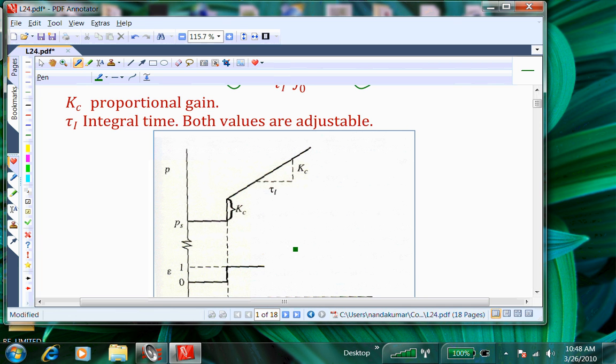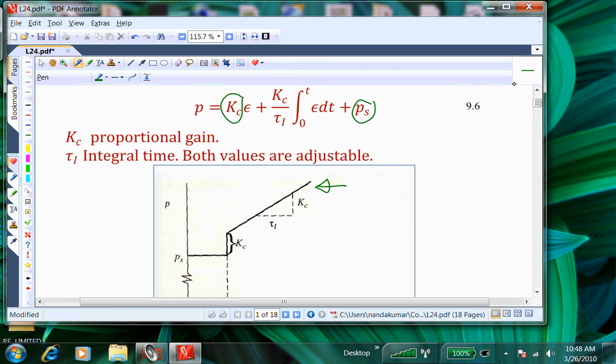If the error signal were a step change, all we need to do is plot the graph you see here in the top, given the bottom error signal. You need to know this equation, plug into that equation the step change, and then plot P as a function of time.